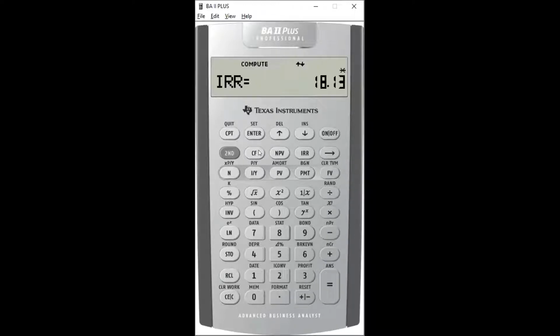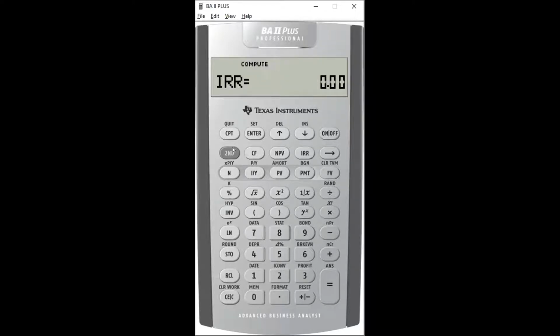Of course, we can calculate the IRR for project S. We also clear all the previous work. For project S, the initial investment is negative 100. The first cash flow is 70, the second is 50, and the third is 20.